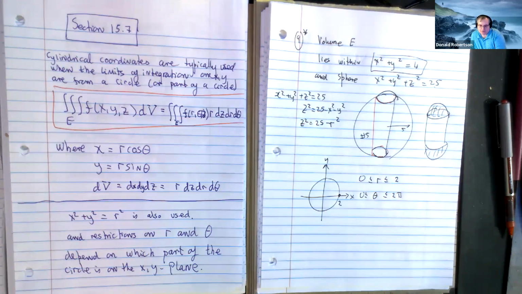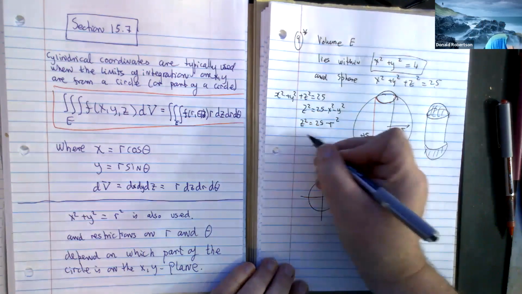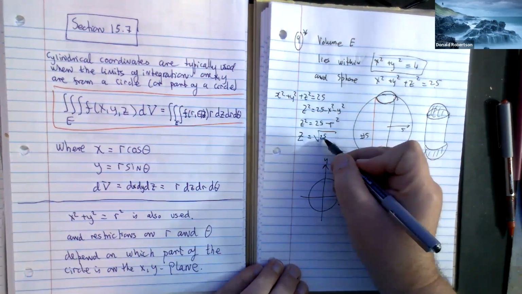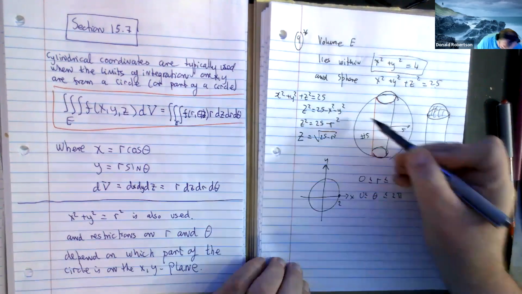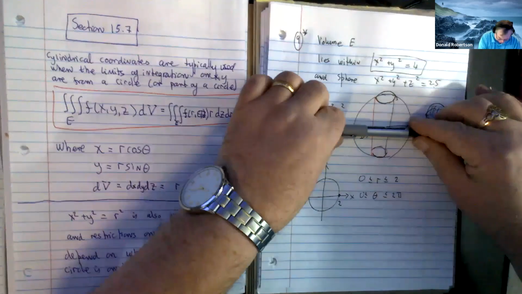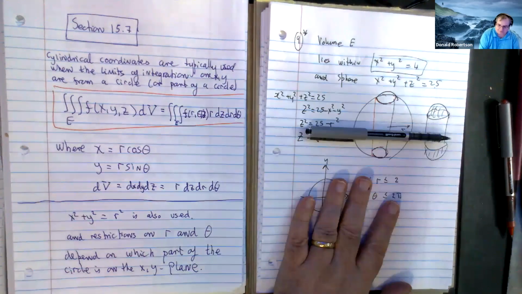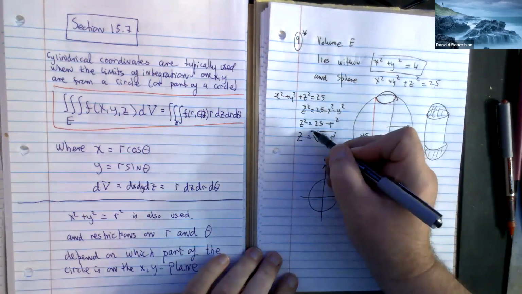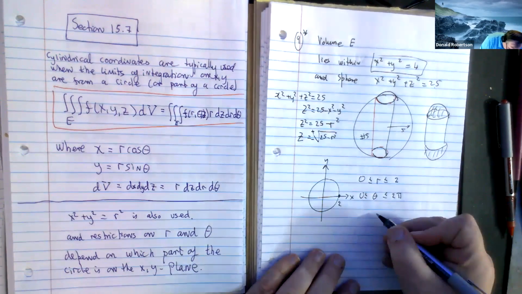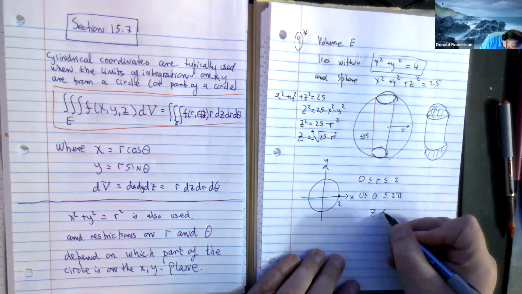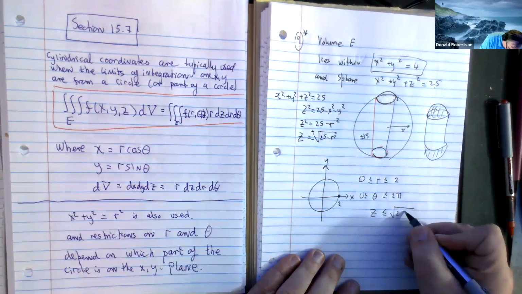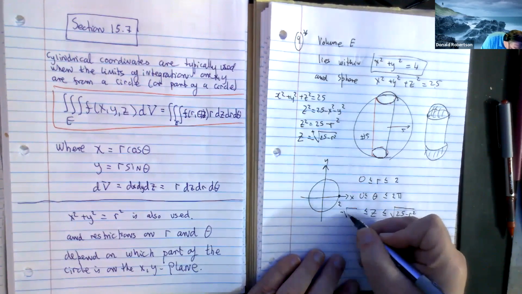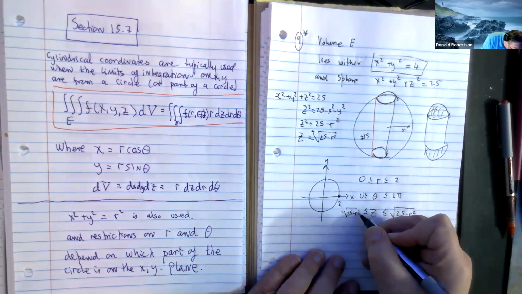We're good. Now, what will z be? Well, technically z is the square root of this guy. Now, this picture's bad enough, but can you imagine the sphere has half of it above the xy plane and the other half below? So technically there's a plus and minus going on here. So that means z goes from positive square root of 25 take away r squared to negative square root of 25 take away r squared.